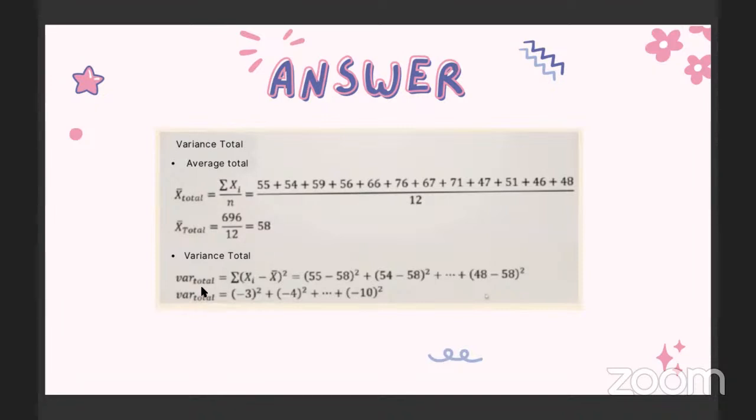Variance total equals 55 minus 58 squared plus 54 minus 58 squared plus and so on, plus 48 minus 58 squared. So variance total is minus 3 squared plus minus 4 squared plus and so on, plus minus 10 squared.